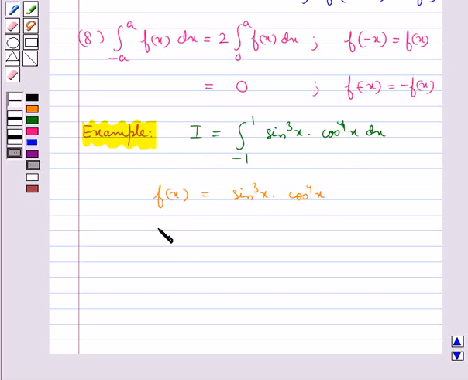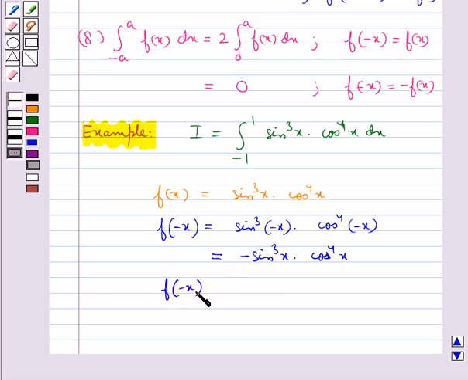Now f(minus x) is equal to sine cube of minus x into cos 4 of minus x. This is equal to minus sine cube x into cos 4x. That is, we get f(minus x) is equal to minus f(x). So this implies that f(x) is an odd function.